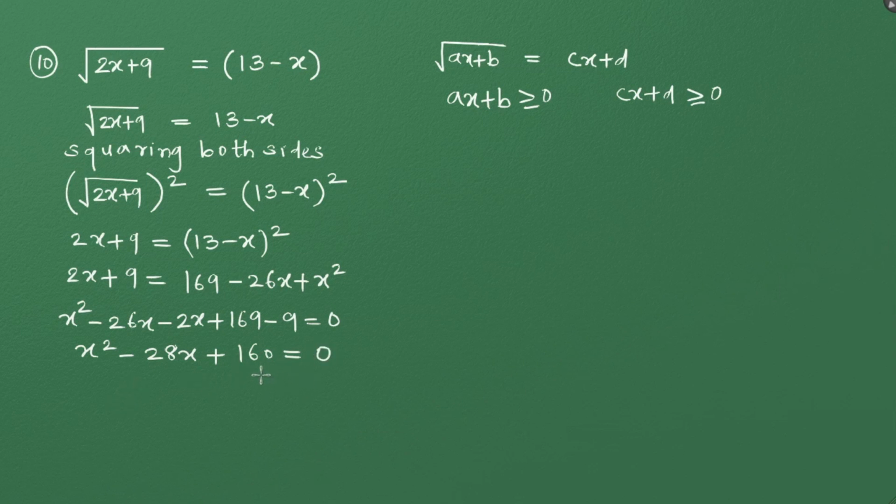Now get the factors. The coefficient of x square is 1, so 1 multiplied by 160 will give 160. So you need to find two numbers such that when you multiply you get 160 and when you add you get minus 28. Those two numbers are minus 20 and minus 8.